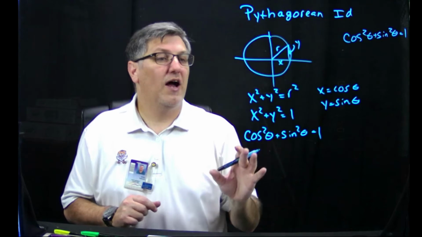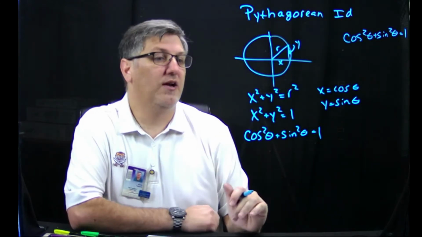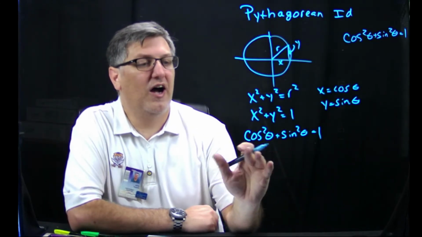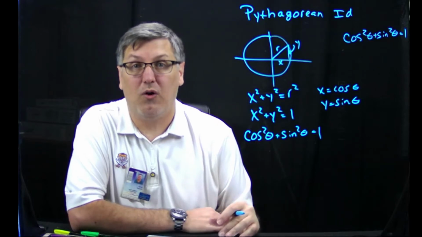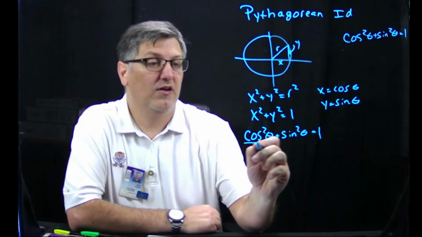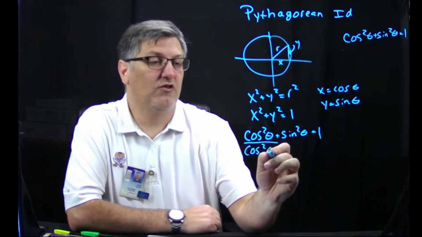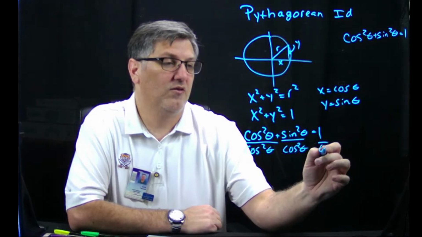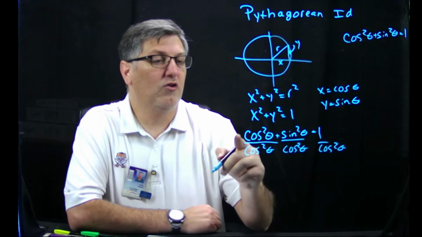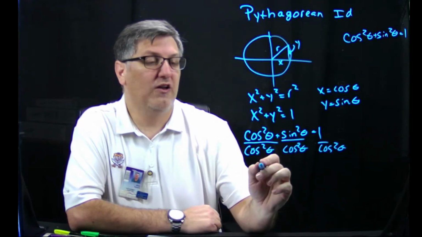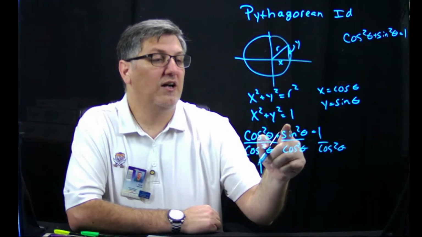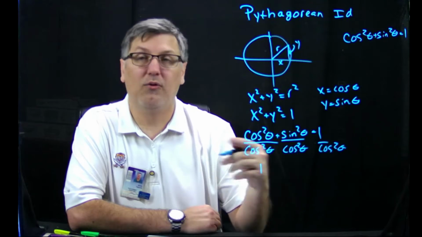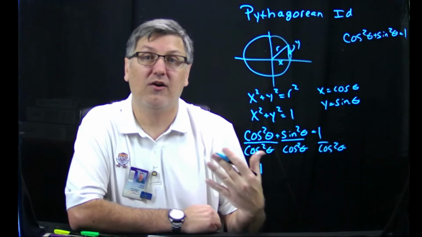Okay, now let's have a little bit of fun. Let's say I just divide the whole thing by cosine squared. Why? Because I can. So I'm going to divide every element by cosine squared theta. Cosine squared theta divided by cosine squared theta is 1. Sine squared theta over cosine squared theta, we saw this in the ratio identities: sine over cosine is tangent.